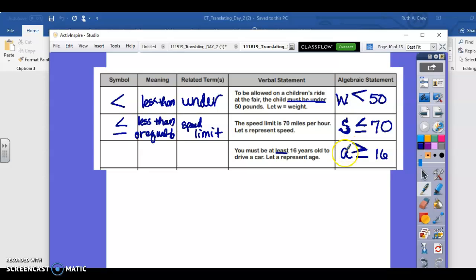So you could be 17, 18, 19, 20. You just couldn't be 15, 14, anything under 16. So in this case, the symbol looks like that. This is greater than or equal to. And the word that let me know that is at least.